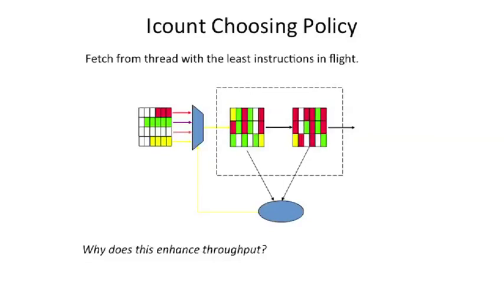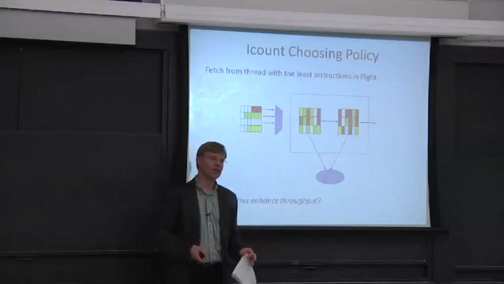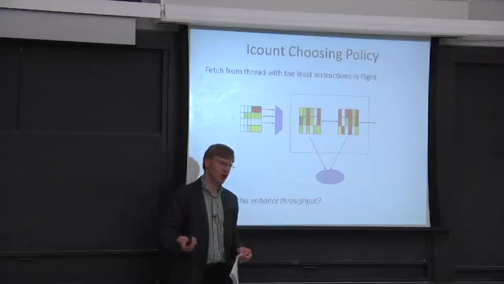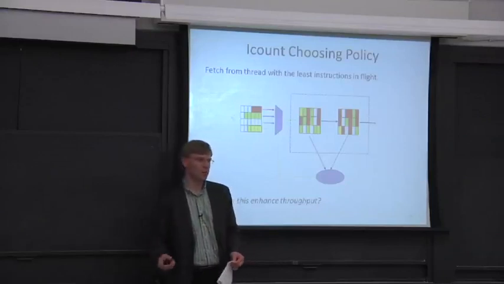So complete fairness, or lockstep round-robin choosing, for instance, is not what you want to do. It's completely the wrong thing to do, because you want to fill in when one thread is stalled with other threads' work. But you want to make sure that a thread which has no dependencies, could run very fast, and doesn't go to memory very often doesn't just hog the processor, because it's never going to introduce stall cycles on itself.